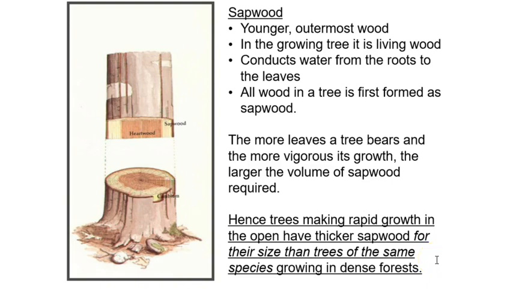So trees that are out in open areas that are allowed to grow more robustly than trees in forests will actually have more sapwood. So depending on where the tree is growing, it could affect the inside properties that we are concerned with.